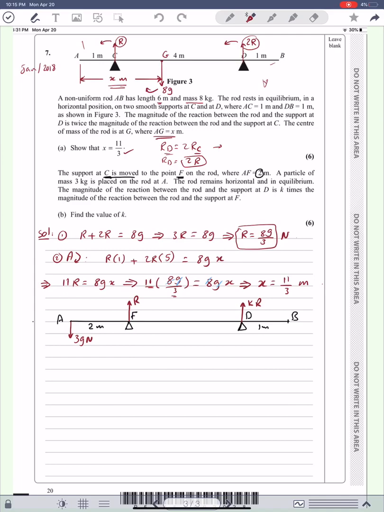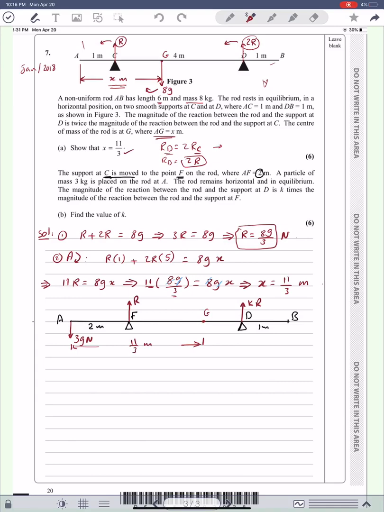Good. And what do you have also? We know now the center of mass, it's fixed now. So G is almost 11 over 3, it is 6, it's almost here, because 11 over 3 is 3 and something, or 4 minus something, so it's almost here, G. So between G and A it's 11 over 3 meters.